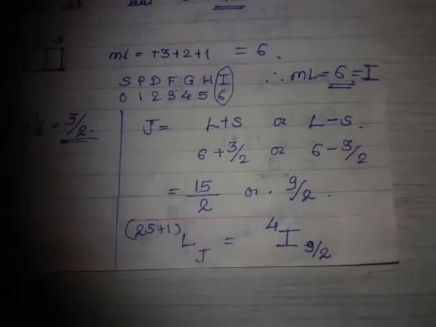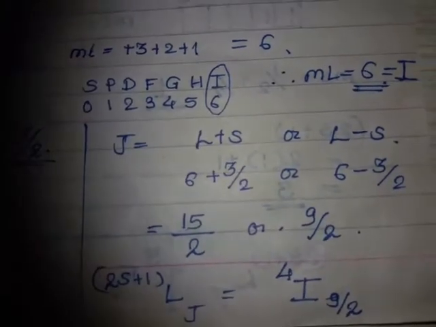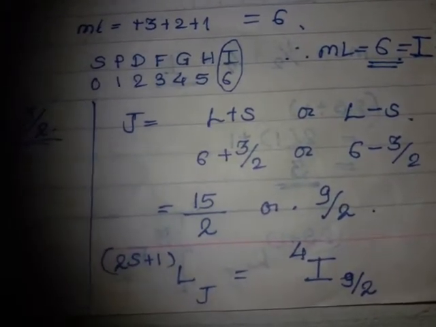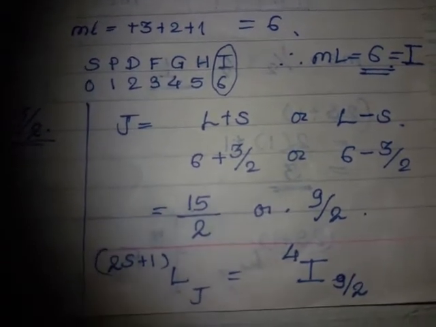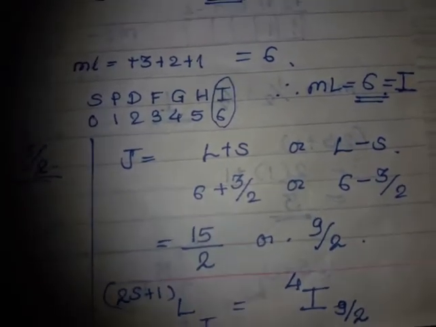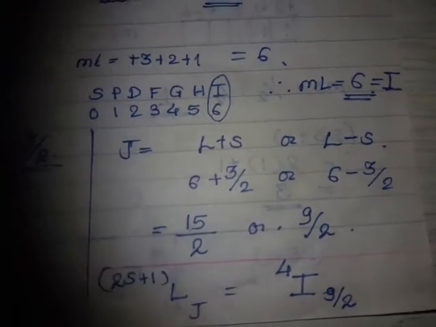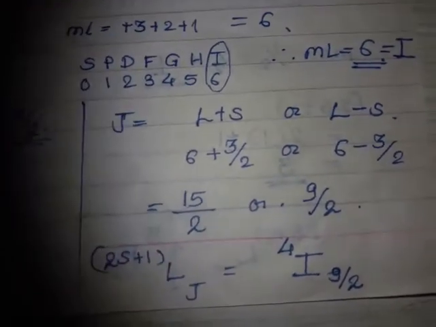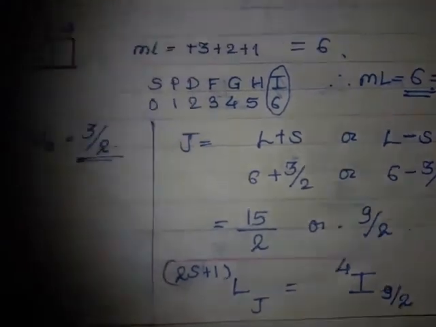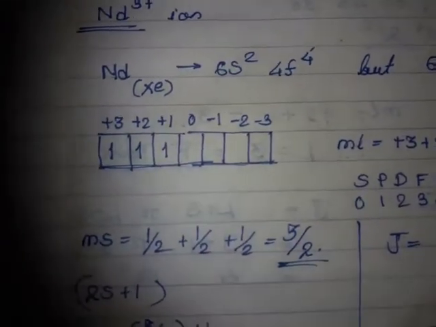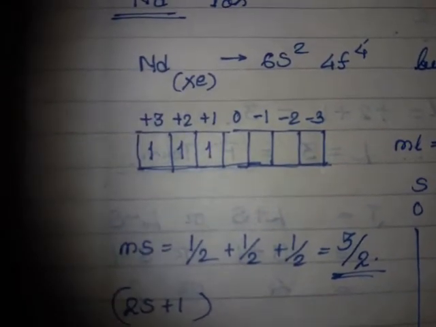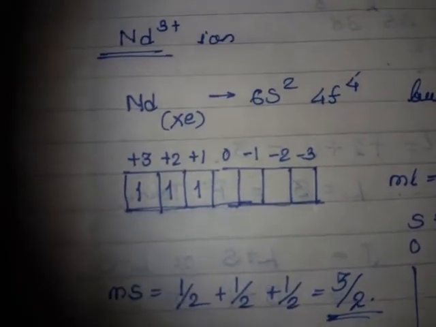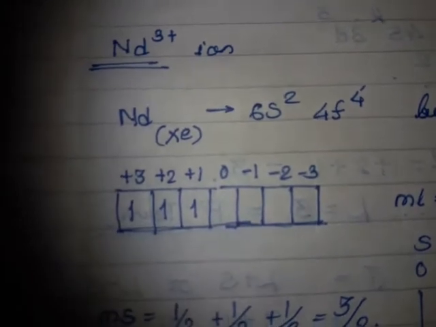Now go for the J value. J is a special quantum number, like the spin-orbital quantum number. When the orbital is more than half filled, the J value is L plus S, and when the orbital is less than half filled, J is L minus S. In our case, there are only 3 electrons and the capacity of the orbital is 7 electrons. That's why our f orbital is less than half filled.